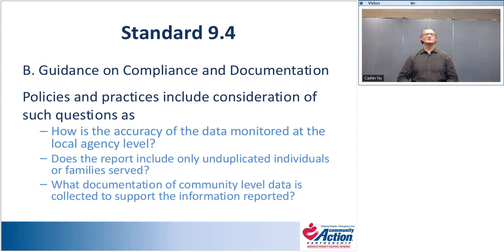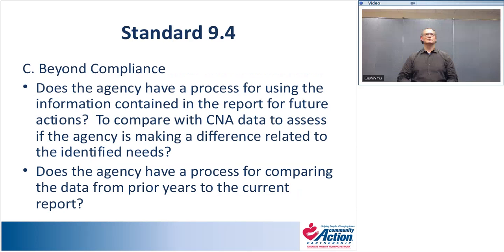And then is there a more detailed check of the accuracy of the data? Does the report include only unduplicated individuals and families, which the directions say it should? And then what's the documentation of community level data, so that you can support your involvement in community outcomes?